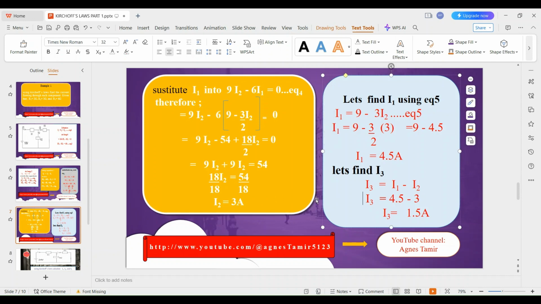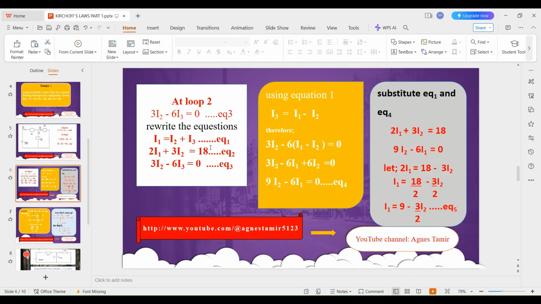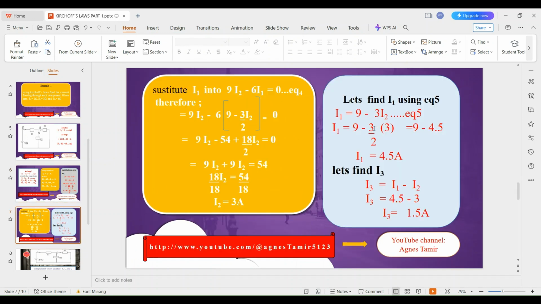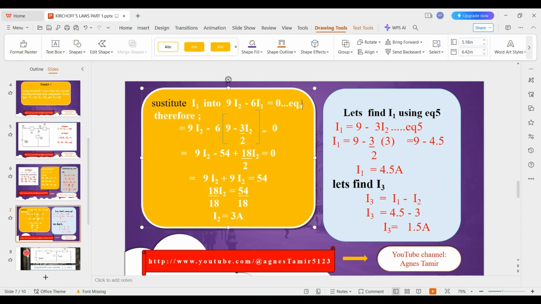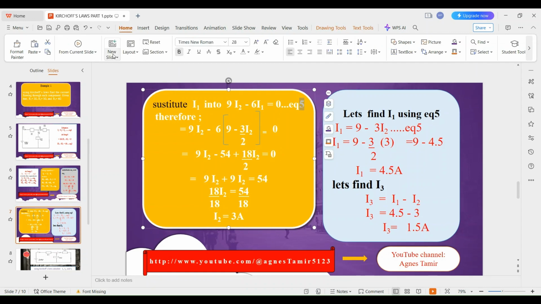Now let's find I1 using equation 5. Where is our equation 5? Equation 5 says that I1 is equal to 9 minus 3 over 2 I2. That is our equation 5. Just a minute, don't worry. These are just minor changes that appear while you are typing.